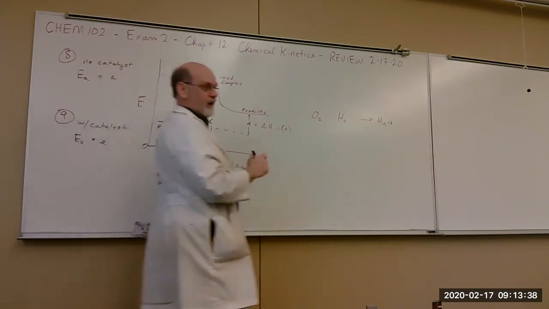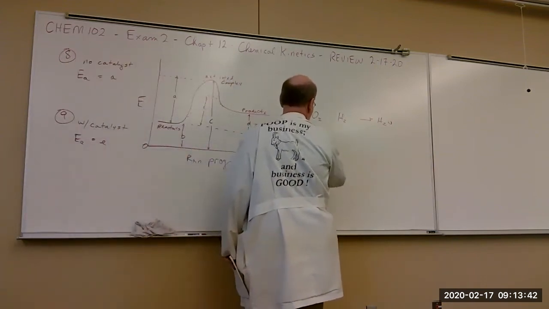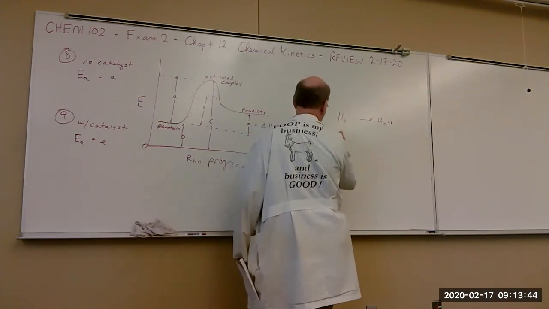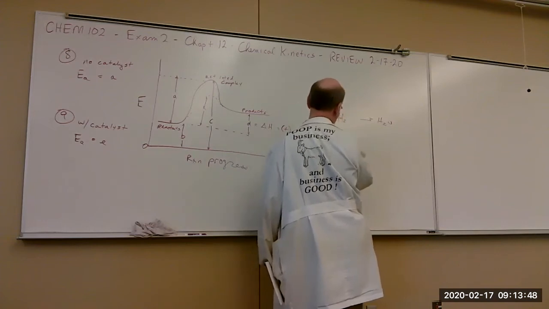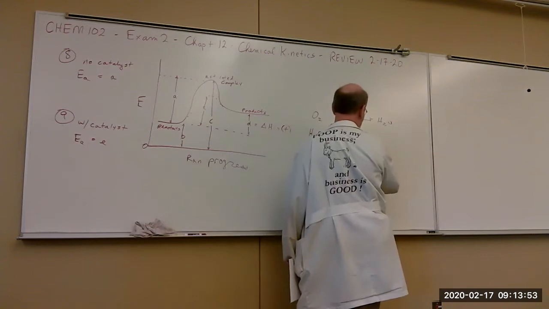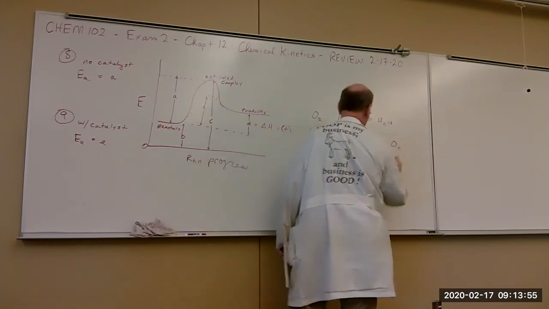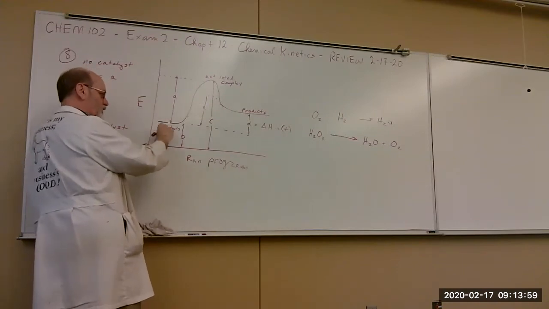But if they were compounds, if you were reacting, say, hydrogen peroxide, and it's going to yield water and oxygen, then the H2O would have some energy in it already, and it would start up here somewhere.